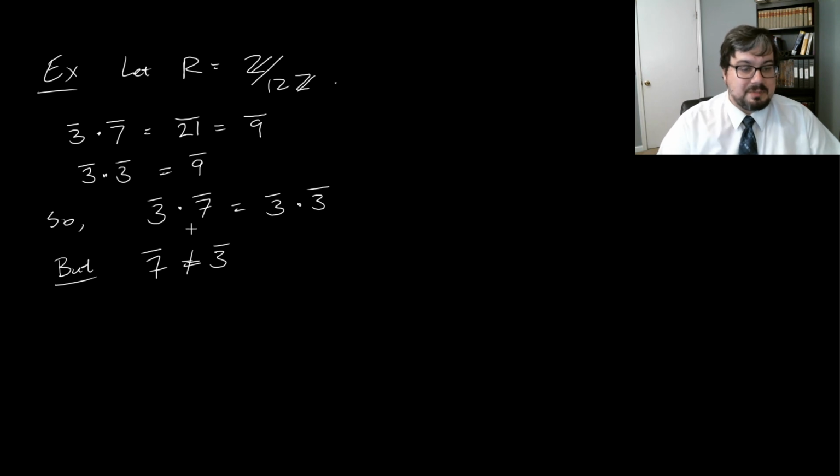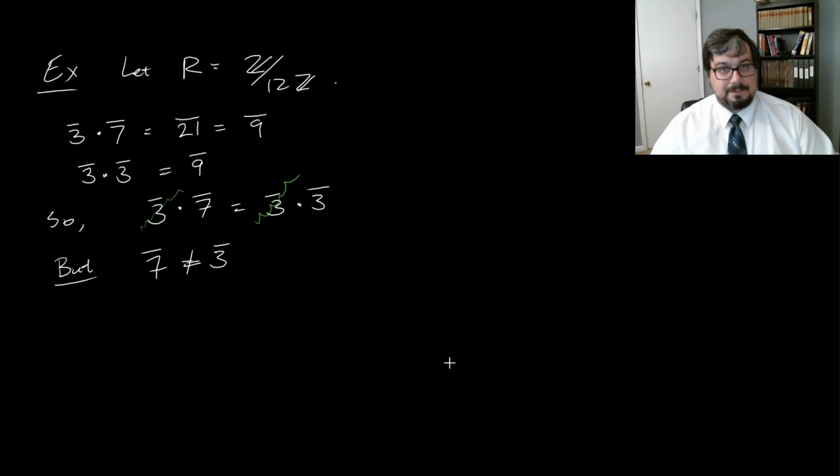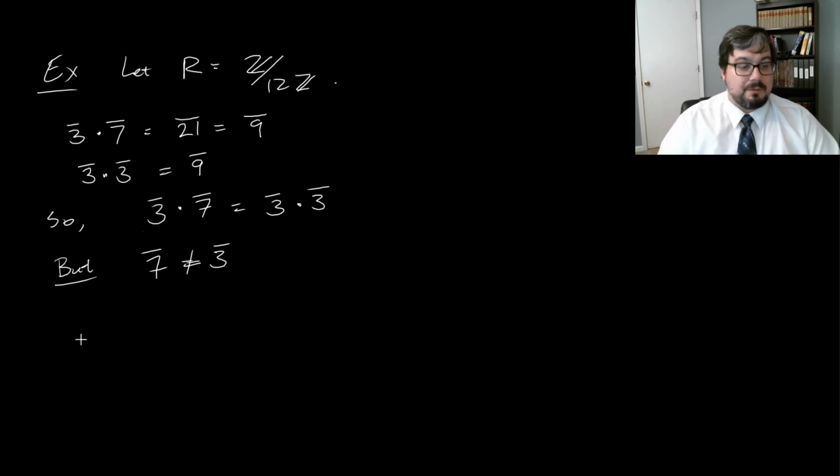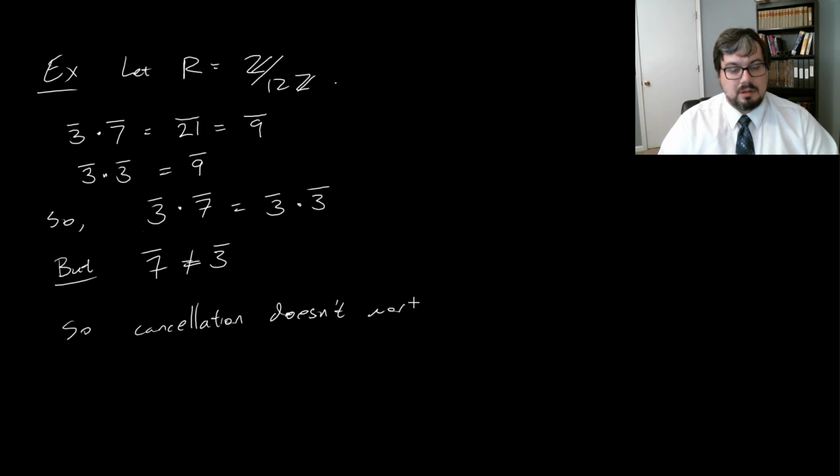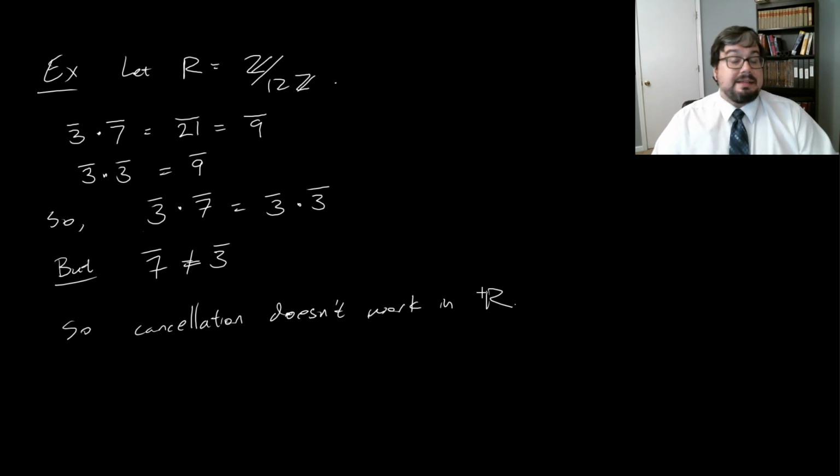In particular, this means that we're not allowed to do some sort of cancellation here, where we cancel out the 3s on the left. That just doesn't work. So this means that cancellation doesn't work in this particular ring, and there are many rings where it doesn't work most of the time.